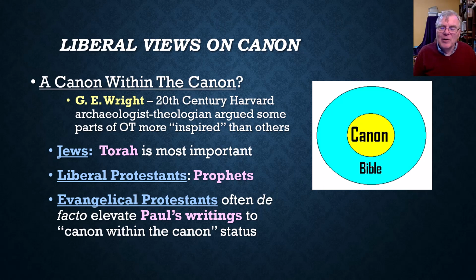In other words, we're going to look a whole lot more at the Pauline epistles than the other epistles in the New Testament, and maybe even more than the Gospels. So there's always that tendency to exalt certain parts of Scripture above other parts of Scripture.